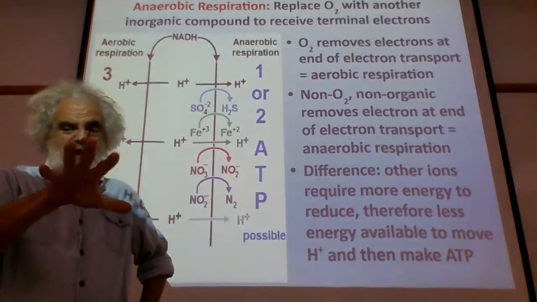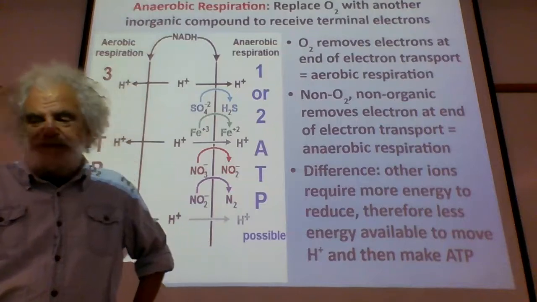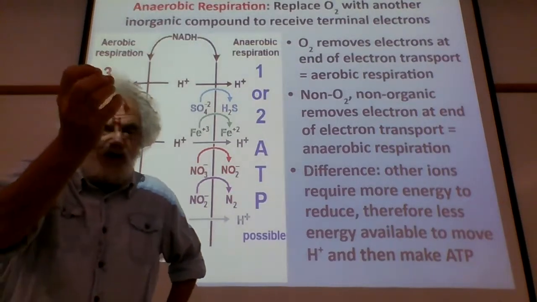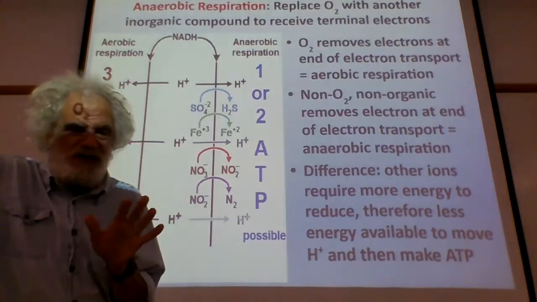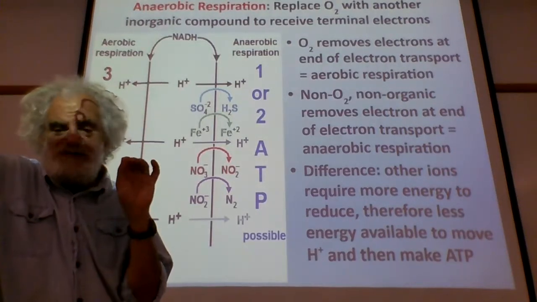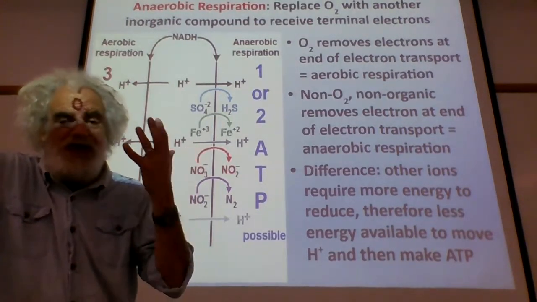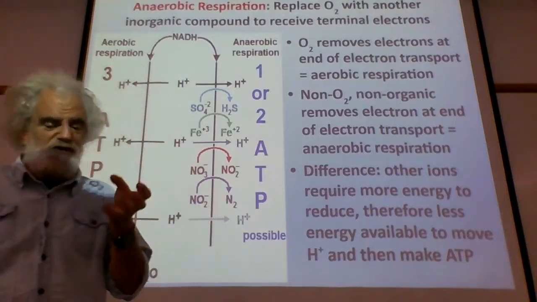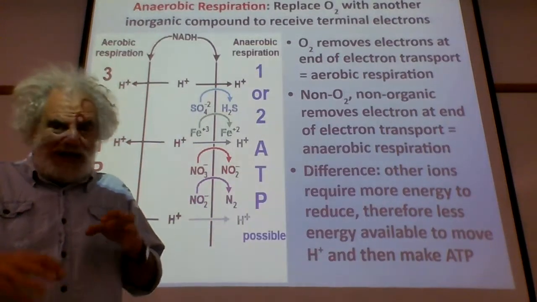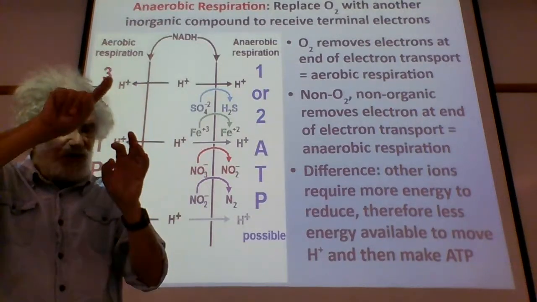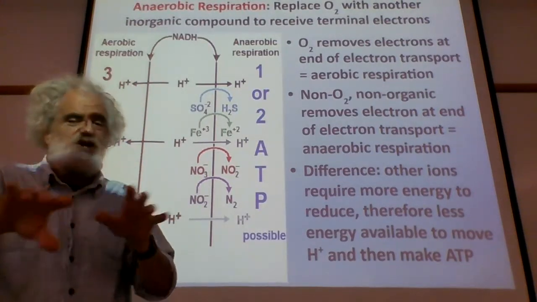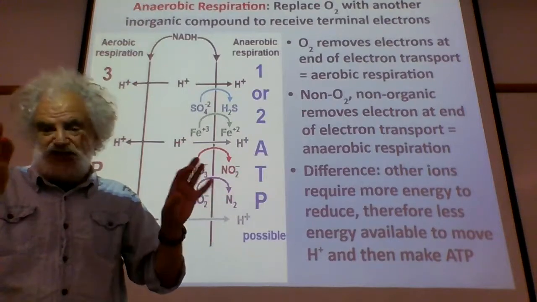And one of the things that makes these different is that oxygen has a really big draw for electrons. You remember back in the very early days of our discussion, we were talking about bonds. And hydrogen bonds happen because oxygen is electronegative. It's an electron hog. It tends to hold the electrons around itself, making it so the oxygen has a slight negative charge and the hydrogens on either side have a slight positive charge.